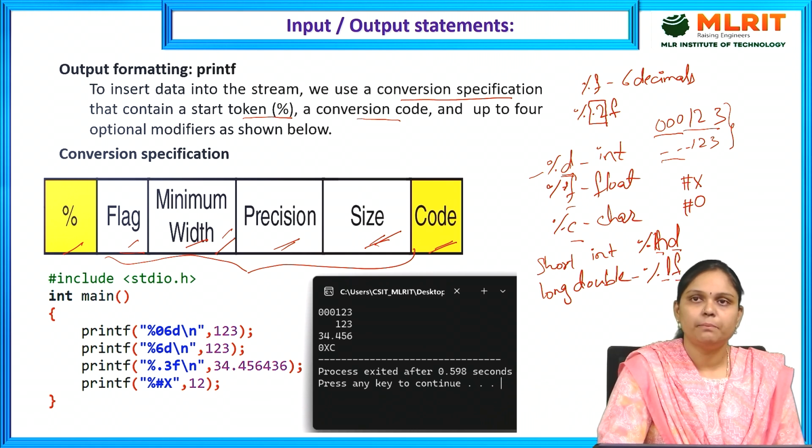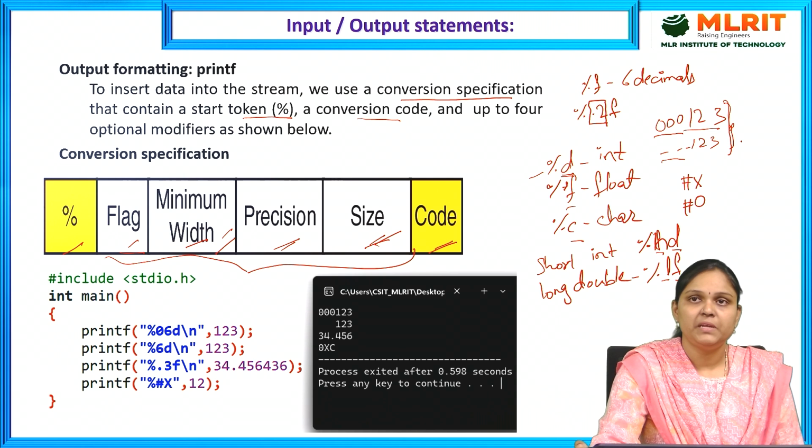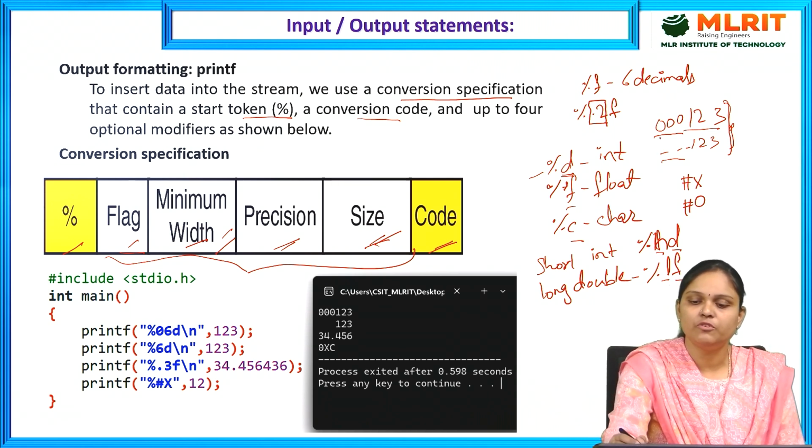And also the padding. In this we have mentioned the minimum number of digits to be printed on our output screen. If you want zeros, at that time we need to place 0 and the width. This padding will also come under the flag.